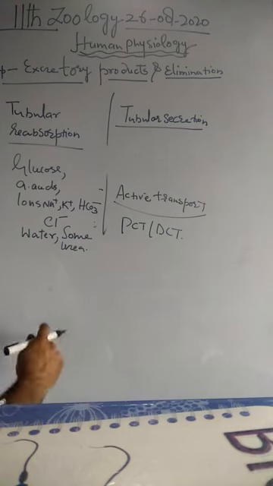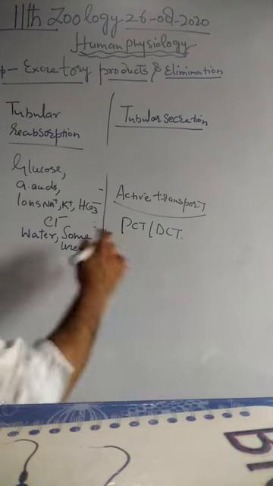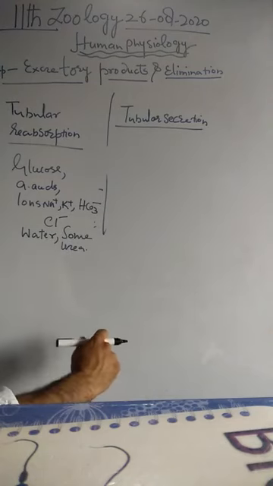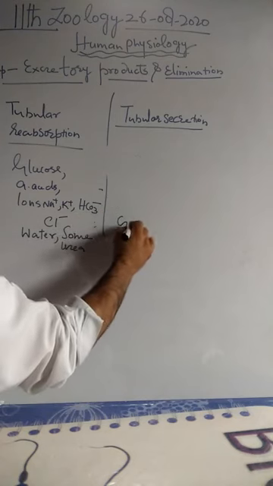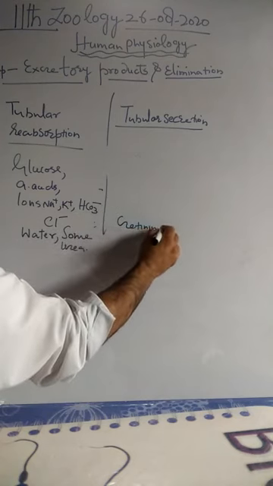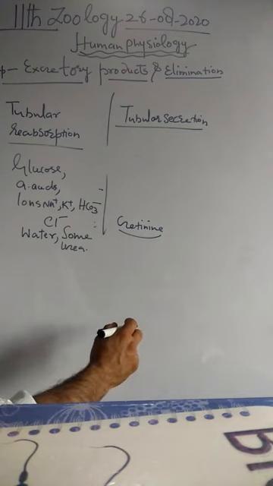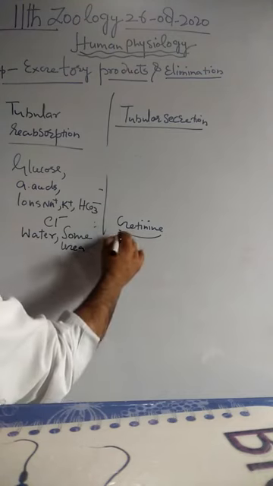But so far this tubular secretion is concerned, secreted materials include creatinine, the substances which are put in by tubular secretion. Creatinine is a type of amino acid derivative. It includes hippuric acid.